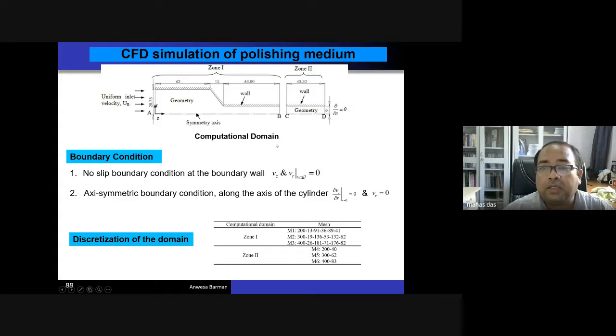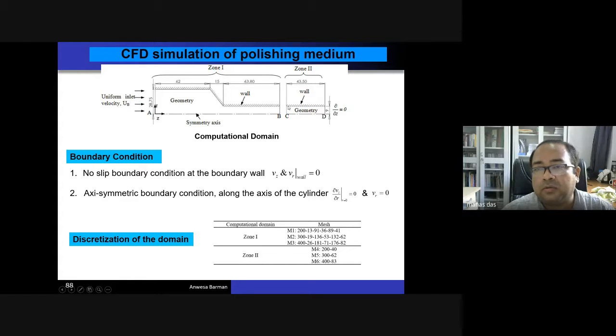In zone 2, whatever radial velocity and axial velocity we have got from zone 1, we have used as an input to zone 2.